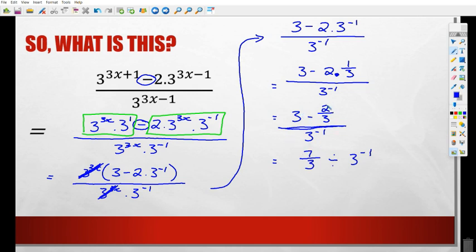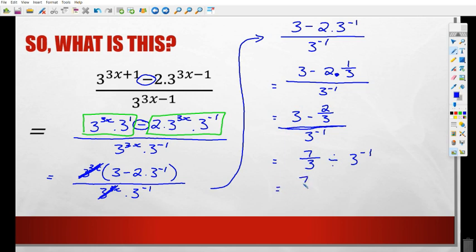So I just simplified here at the top, got 7 over 3, divided by 3 to the negative 1. It's just a different format, so don't get confused here.